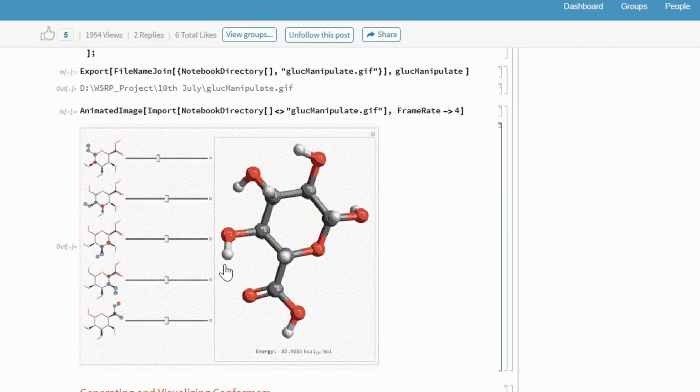The moving around of these torsion angles contributes to different energy levels, and the energy levels change as these torsion angles are manipulated. We're looking to find the lowest energy conformer, where the configuration of these torsion angles hits the minimum energy point, and we're visualizing this later on, so I'll get back to that.